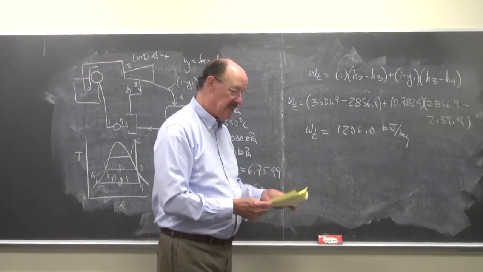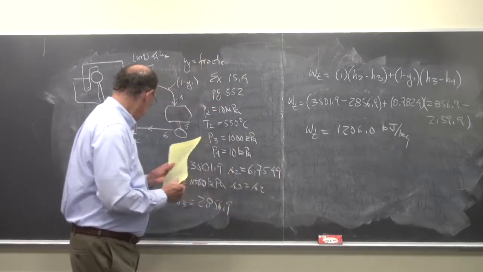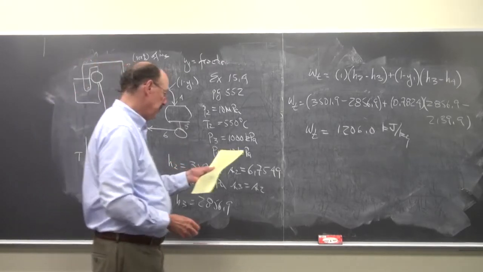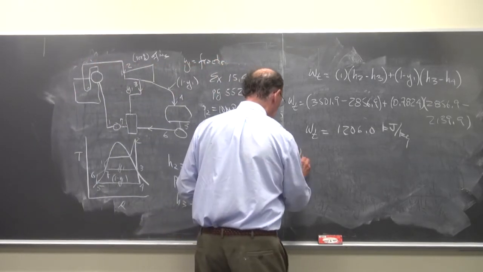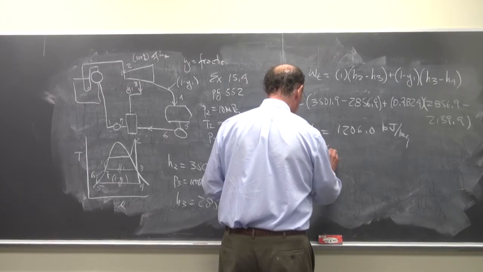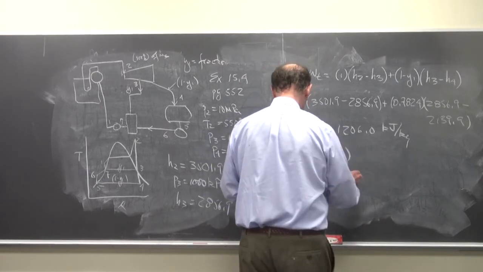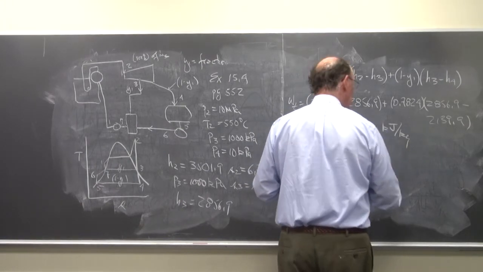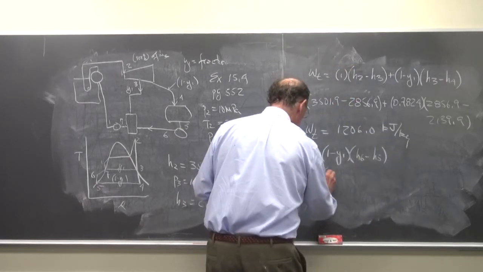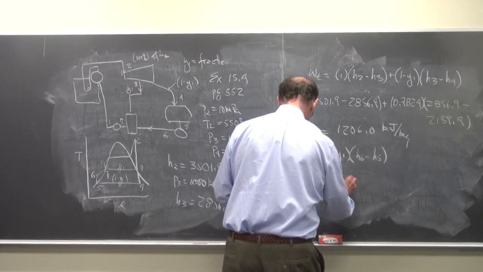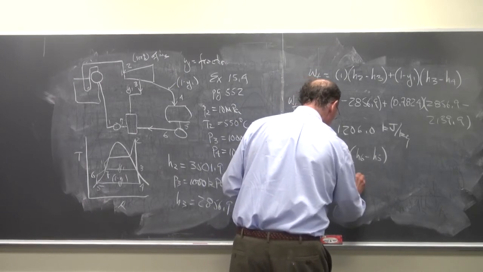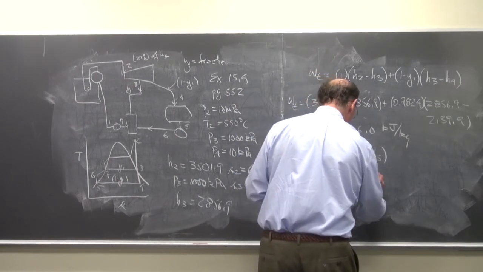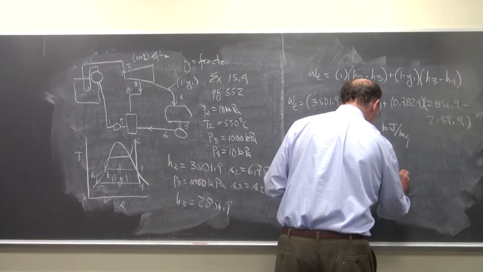The pump work, in this case there are two pumps, so I have to find the pump work here and the pump work here. So WP1 is equal to 1 minus Y1 times H6 minus H5 is equal to 0.7824 times 192.8 minus 191.8.